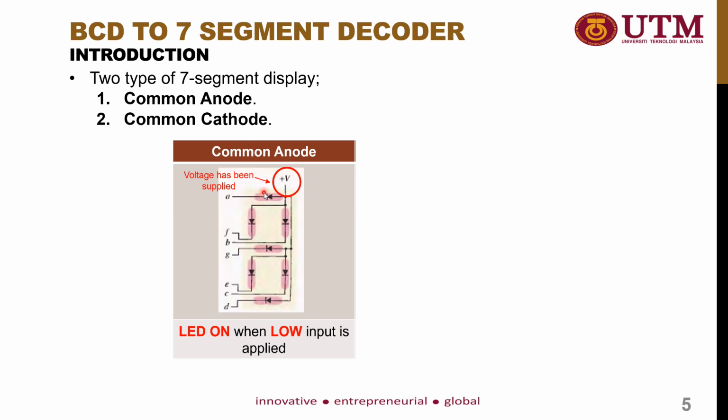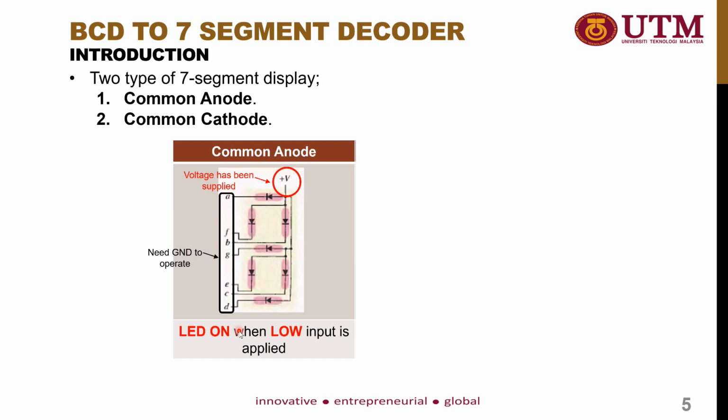So what we need to do is give the ground connection to operate. Our BCD to 7 segment decoder IC needs to give the ground signals to the 7 segment display in order to light up each and every segment to give a specific output.